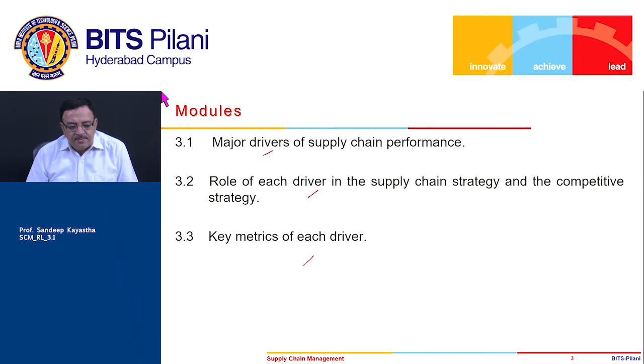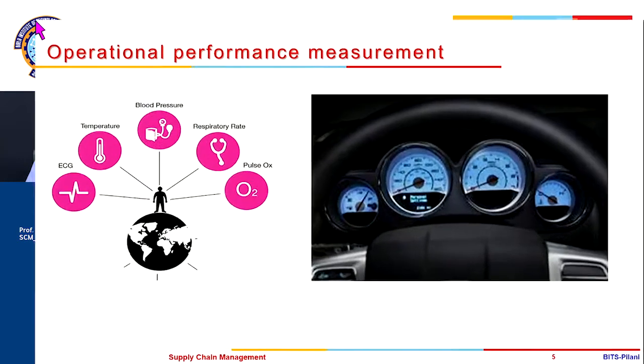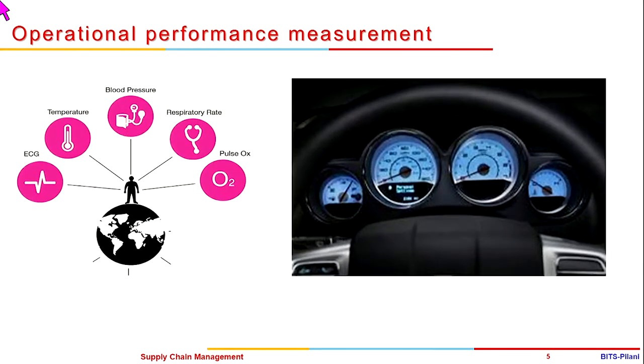Supply chain performance needs to be monitored very frequently to see whether the supply chain is performing as desired. So, drivers of supply chain performance. Let us look at when you go to a doctor and you are not feeling well, he will conduct several tests.